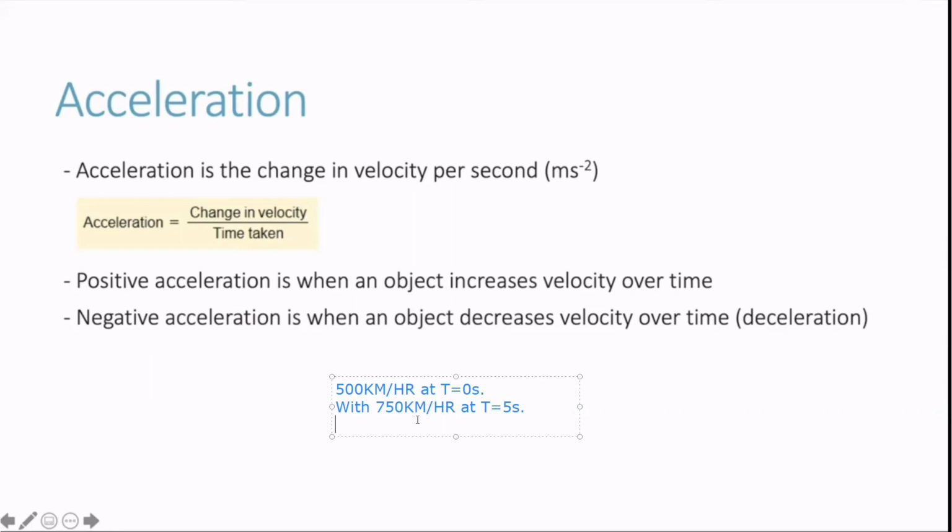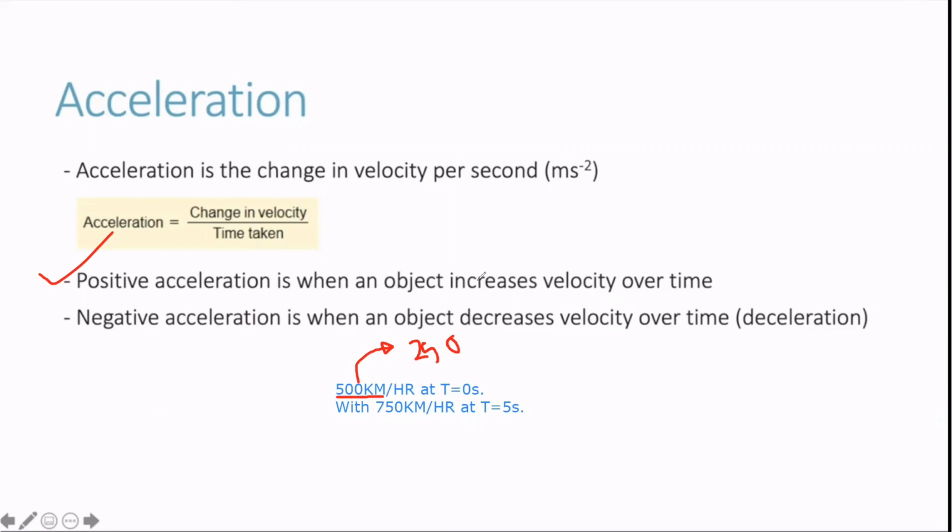So let me clear one important thing. Positive acceleration can also happen and negative acceleration can also happen. As you might start from 500 but end up after 5 seconds with a speed of 250 kilometers per hour. So there are two aspects of it: it can be positive acceleration and it can be negative acceleration.